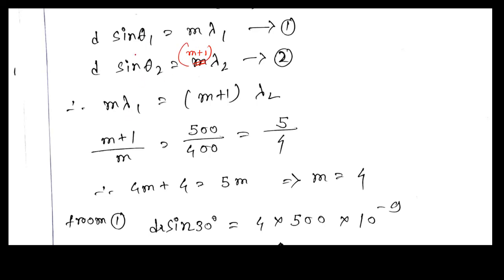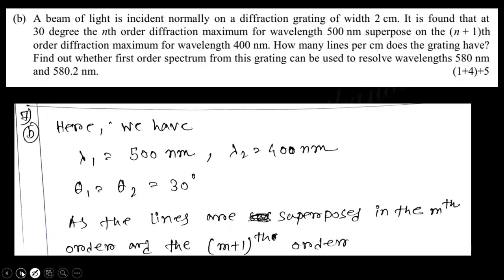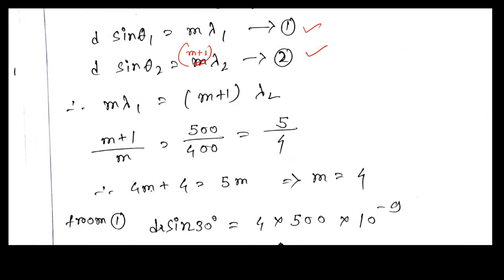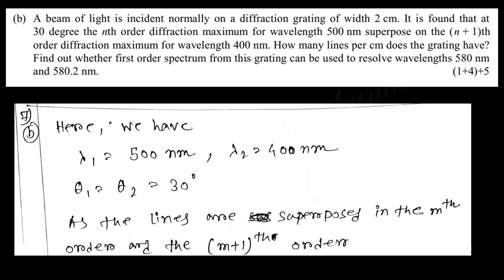So if you take the ratio, these two are equal to each other. So m plus 1 by m equals lambda 1 by lambda 2, and lambda 1 is 500, lambda 2 is 400, so this is 5 by 4, so 5m equals 4 m plus 4, and from here you get m as 4. Now find how many lines per centimeter the grating has, for the first order.